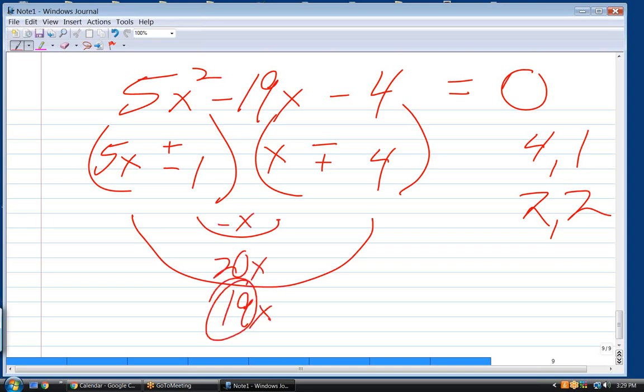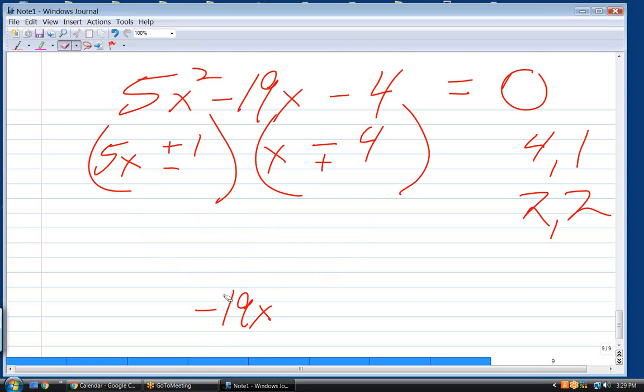I get the right number but the wrong sign. True, it needs to be negative. So all I have to do is move it up. In other words, I need to put the 1 with the plus sign and the 4 with the minus sign. And that's going to give me the same 19, only it'll be a minus 19, and it'll be correct. In other words, there's our answer.